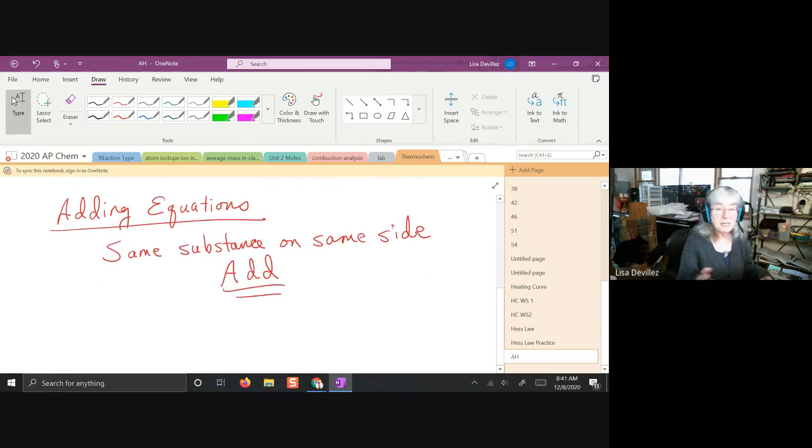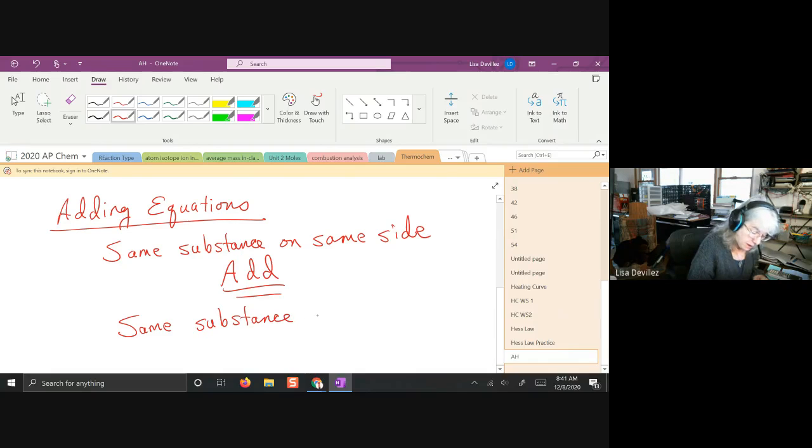Same side means they're both on the reactant side of more than one equation. If I have the same substance on opposite sides, they cancel each other out.